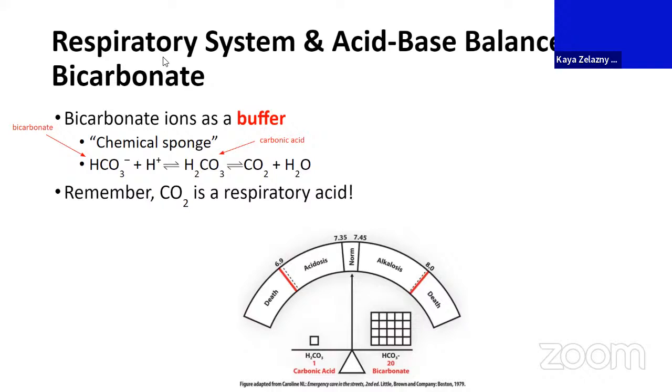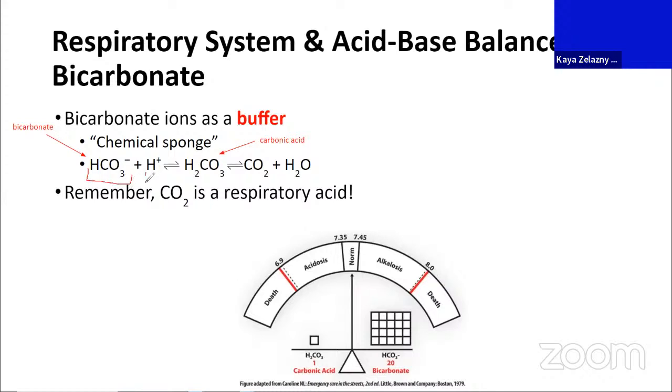Here we have our bicarbonate ion, and here we have our hydrogen ion. Together, in a reversible reaction, they form carbonic acid. And carbonic acid can also split up in a different way into CO2 and water.